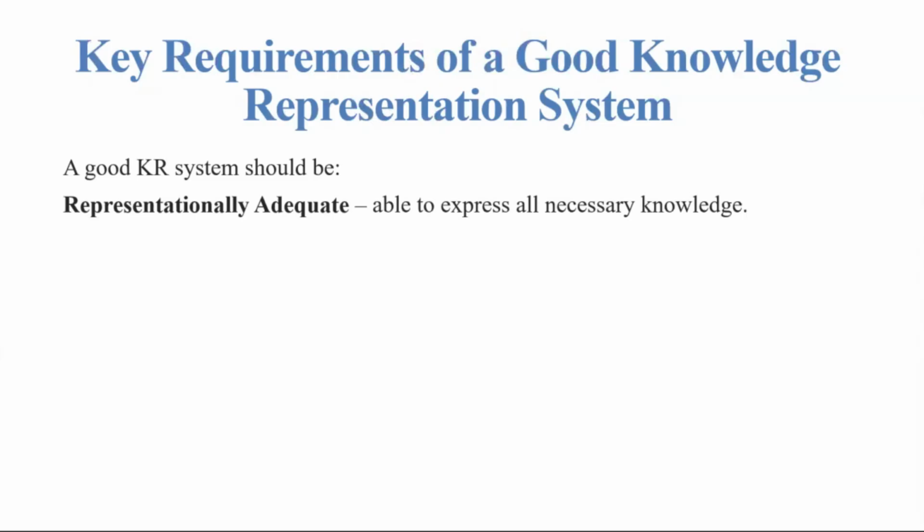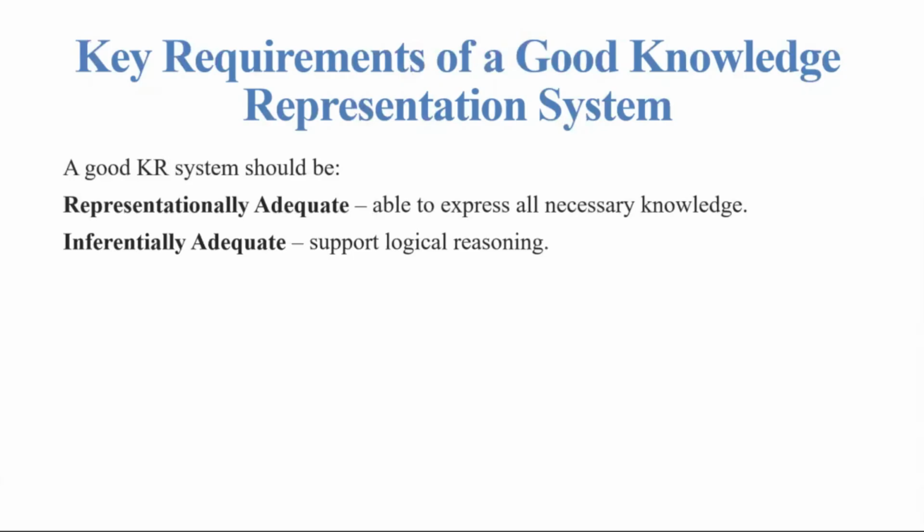Similarly, an AI system should be capable of representing facts, objects, events, relationships, rules, and even uncertainty when necessary. So, representationally adequate means the system should have the ability to express every type of knowledge needed for solving a problem.